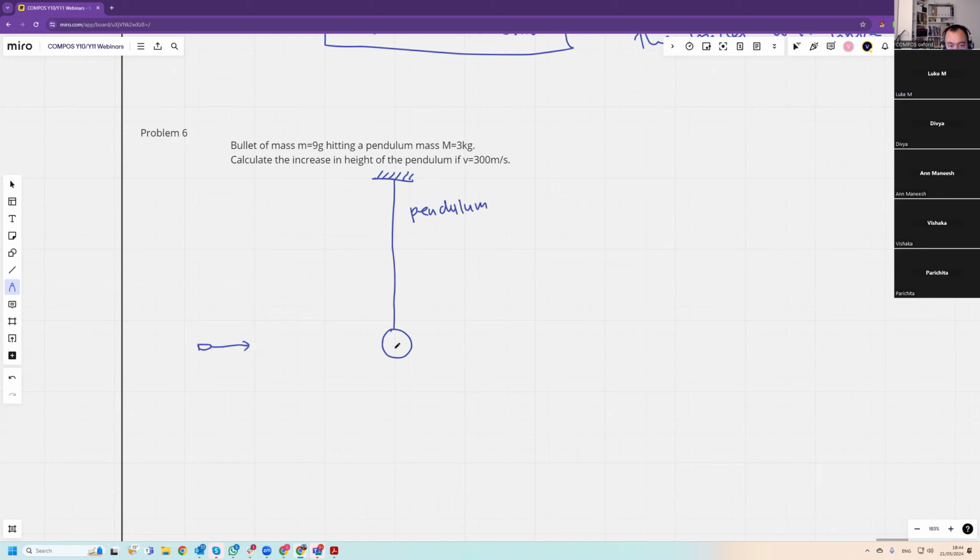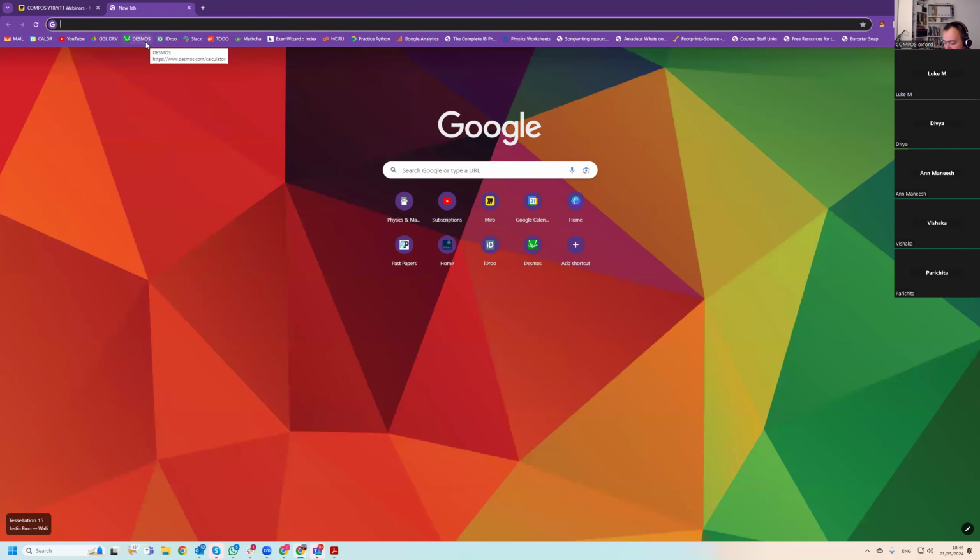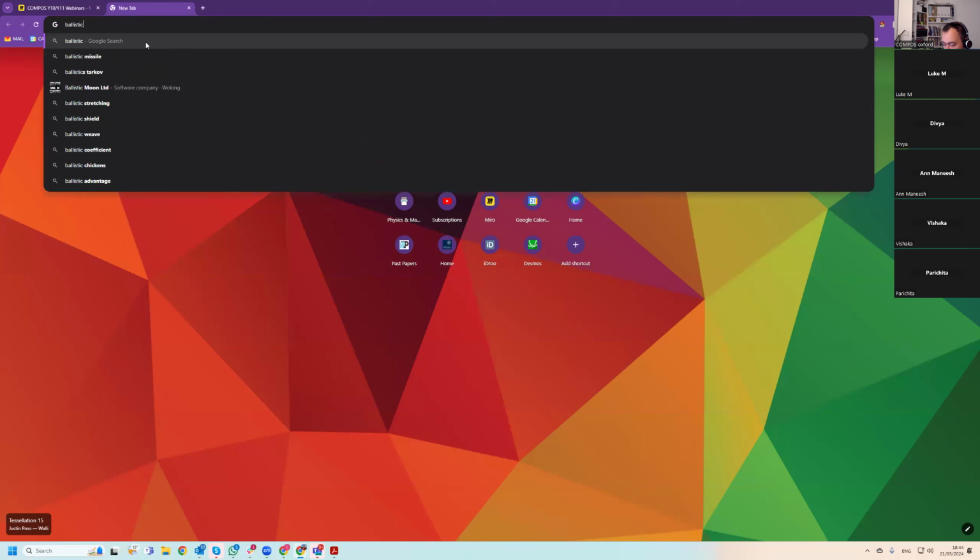And it hits the pendulum, and the pendulum starts to swing. Makes sense, right? This is how the speed of bullets is measured, as a matter of fact. And it's called a ballistic pendulum. Ballistic pendulum.